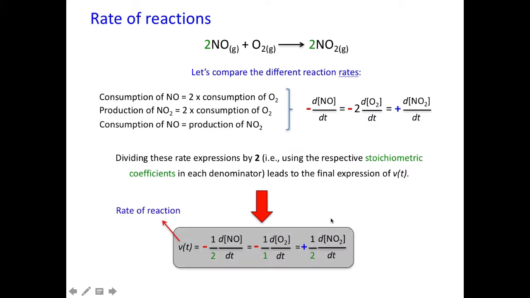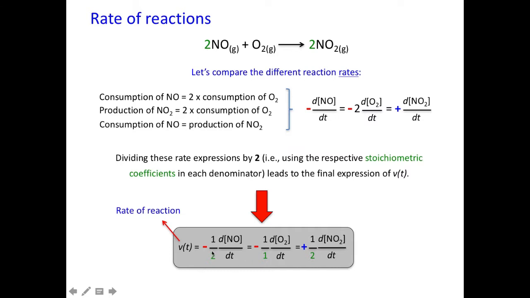This leads to the final expression of Vt, the rate of reaction. Sometimes I say reaction rate or rate of reaction. This is given by minus 1/2 of the consumption rate of NO, which is minus 1 times the consumption rate of oxygen, which is plus 1/2 of the production rate of NO2.